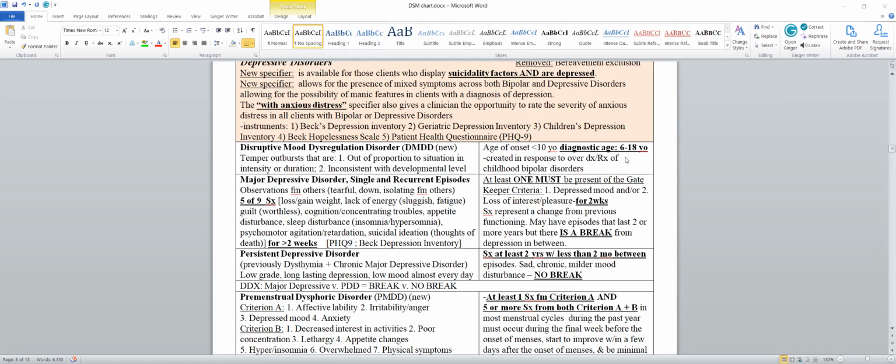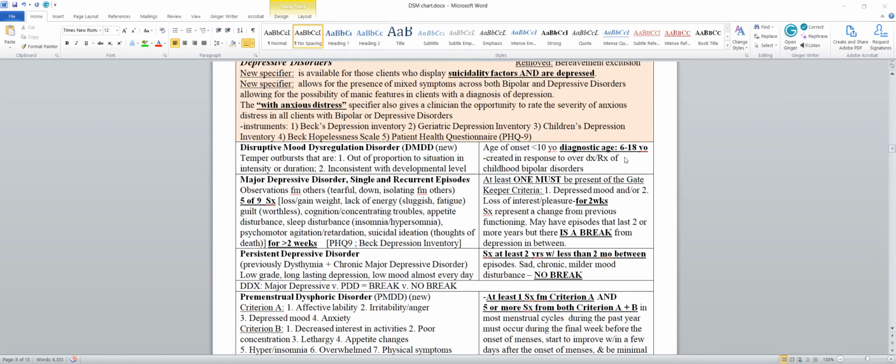Must have 5 of the 9 symptoms, such as weight loss or gain, lack of energy, sluggish fatigue, feelings of guilt or worthlessness, cognition and concentrating troubles, appetite disturbances, sleep disturbances, which includes insomnia or hypersomnia, psychomotor agitation or retardation, suicidal ideation, and thoughts of death for at least 2 weeks.